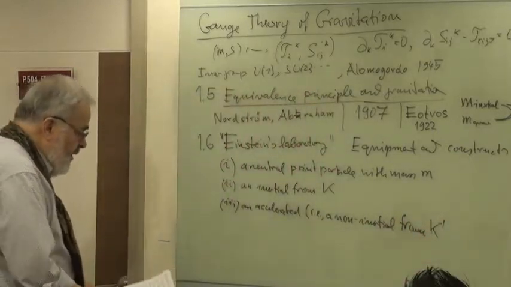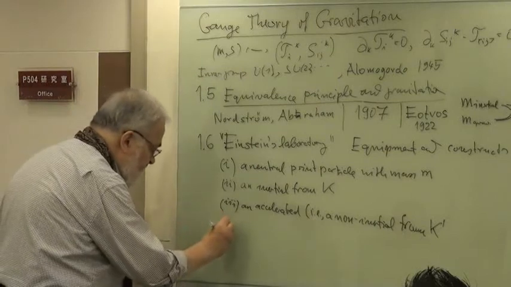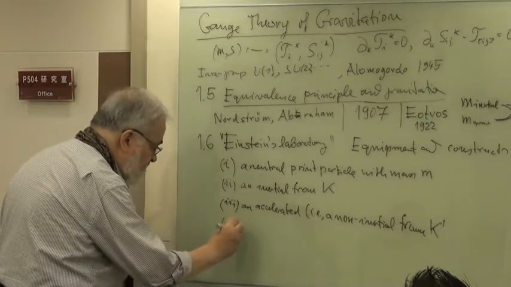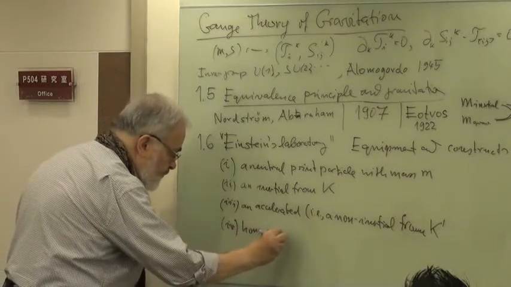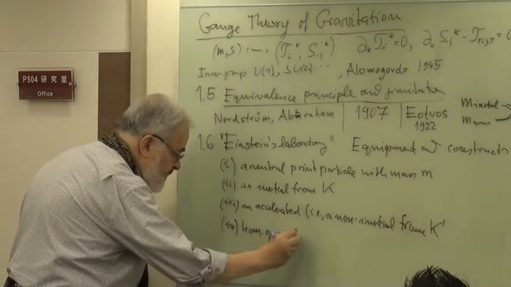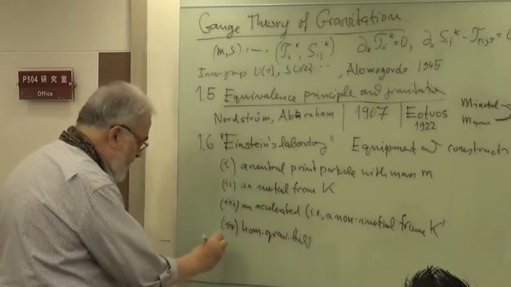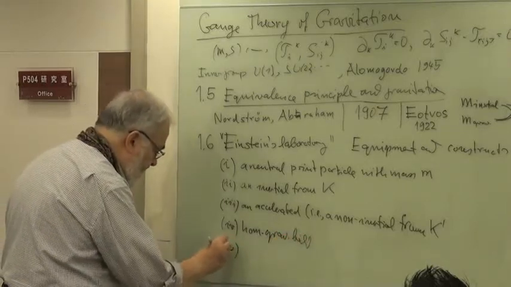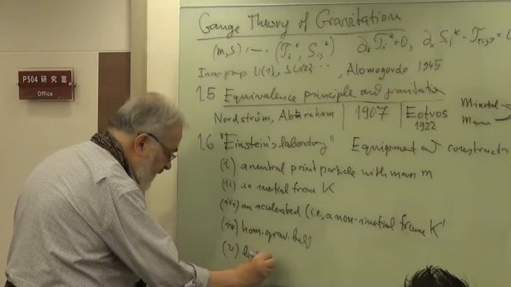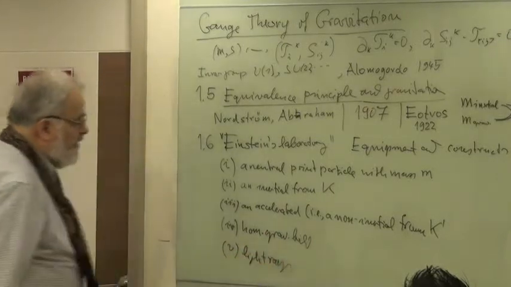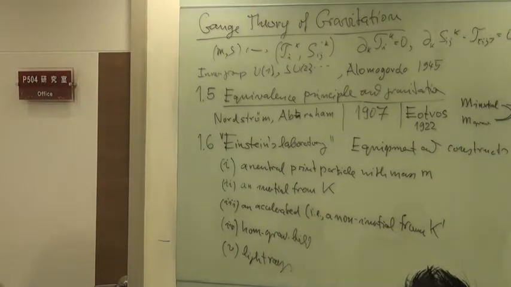And somewhere we get a homogeneous gravitational field. And fifth, we have light rays at our command. Let me make a remark on each of them.